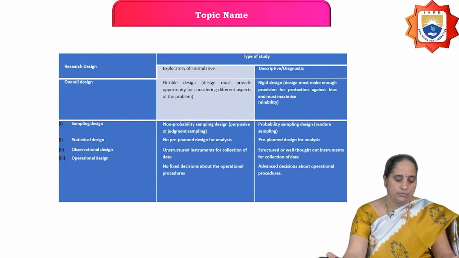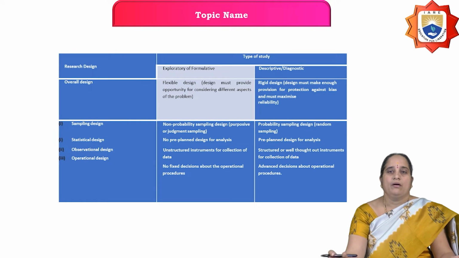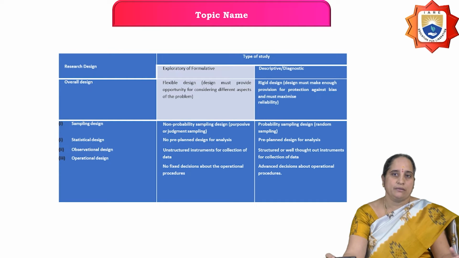Then coming to the sample design, in case of exploratory research studies, we'll use non-probability sampling design. So basically, in that case, it is out of some purpose that we are going to carry out the research study. So there we can use purposive sampling techniques, or sometimes it is based on judgment sampling.